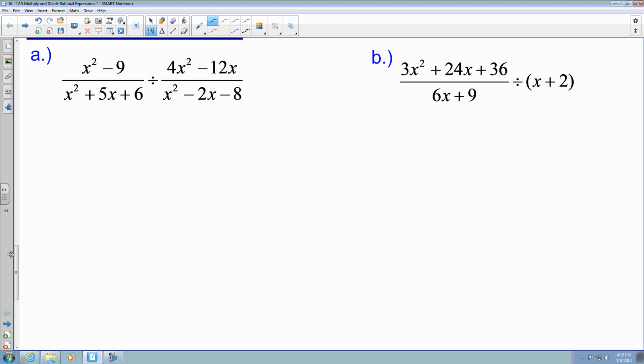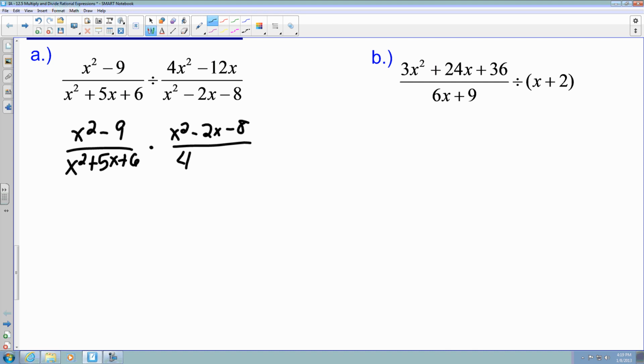So I'm going to rewrite this as x squared minus 9 over x squared plus 5x plus 6. That stays the same. So now I got the division over here. I'm going to put multiply. Now I'm going to flip it. So now I have x squared minus 2x minus 8 at the top divided by 4x squared minus 12x.